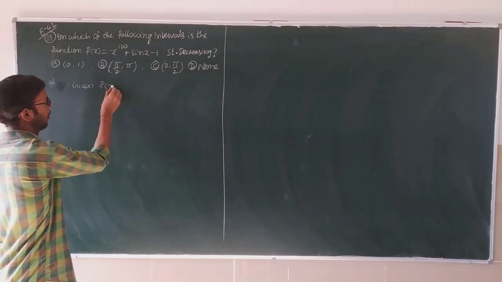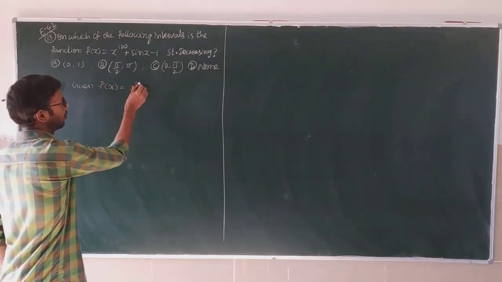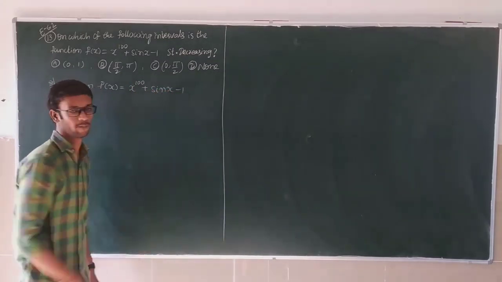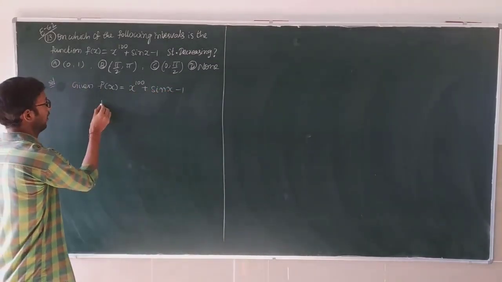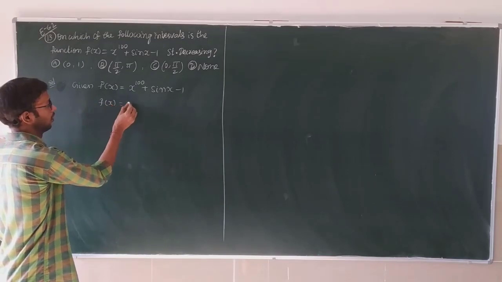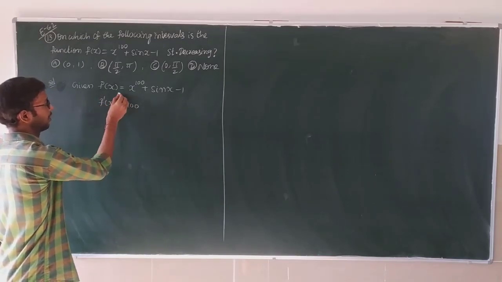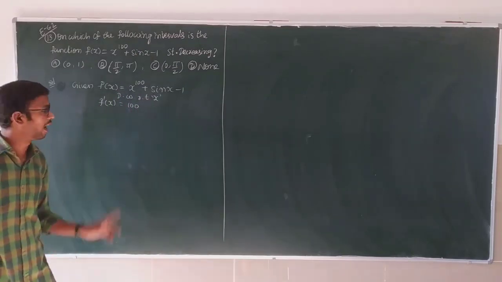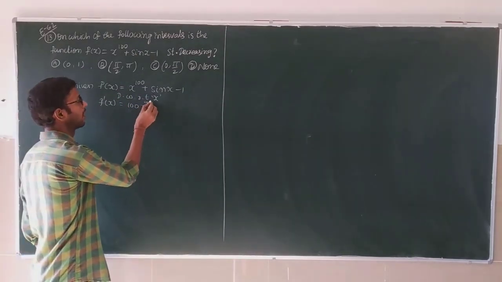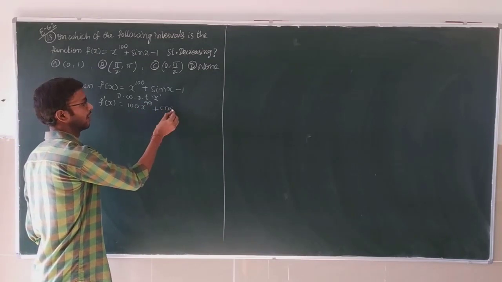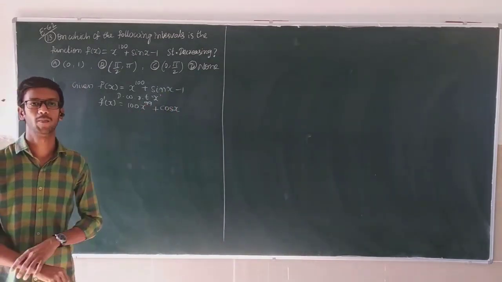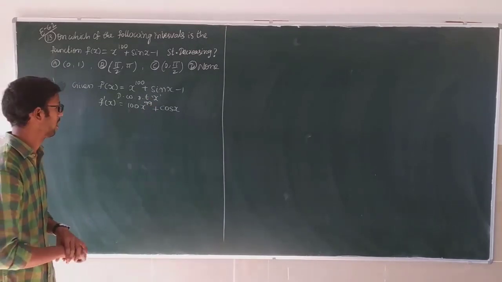Given f of x is equal to x power 100 plus sin x minus 1. f dash of x is the derivative with respect to x: 100 into x power 99 plus the derivative of sin x, which is cos x.